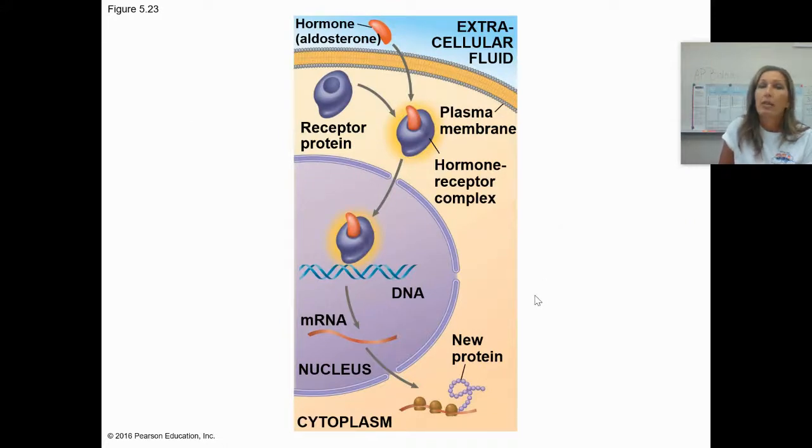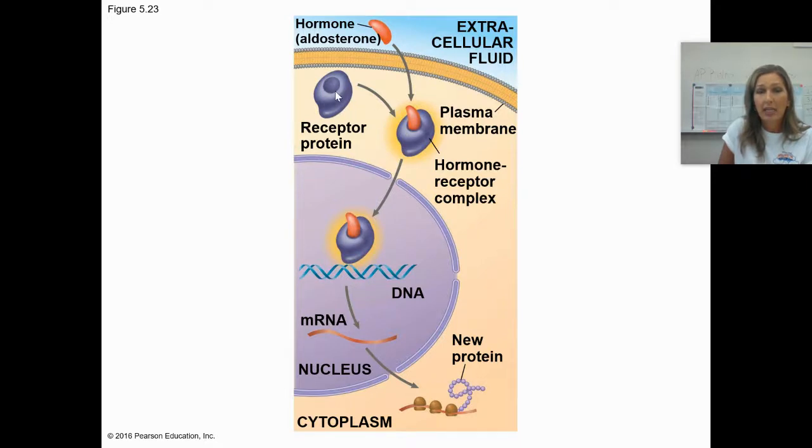This is showing you the difference in a signal molecule that is a hormone. If it's lipid soluble, remember, since it's lipid soluble, it doesn't need an integral protein in order to receive the information. Hormones can go right through the plasma membrane, but they still need a receptor protein.